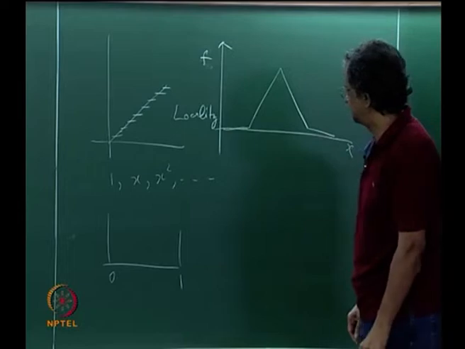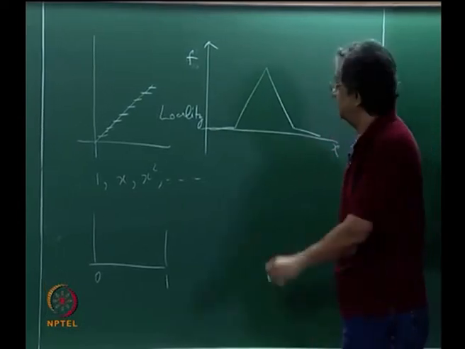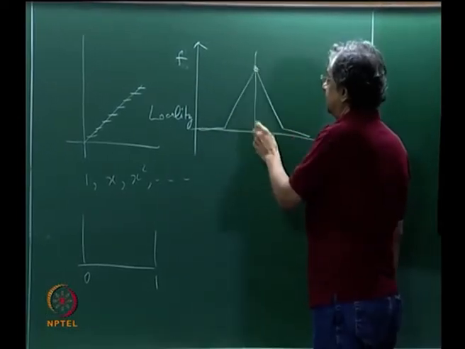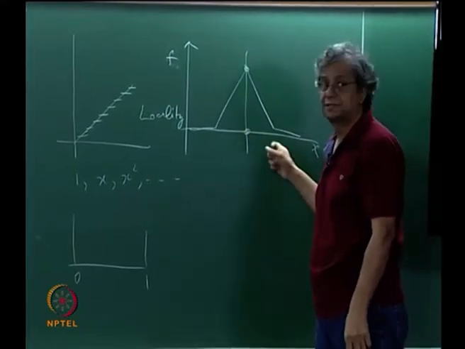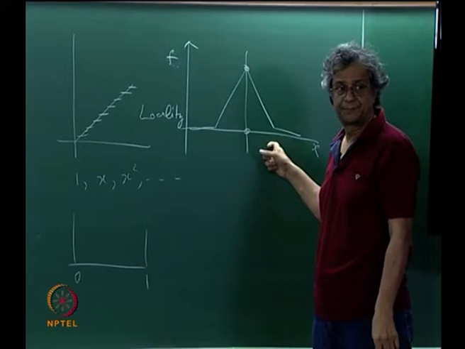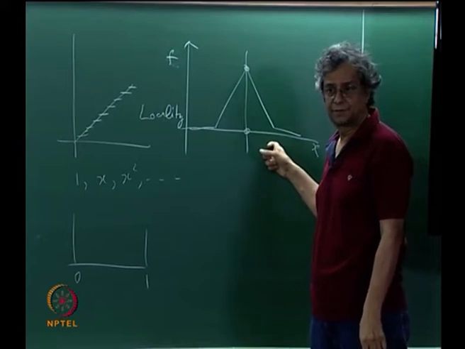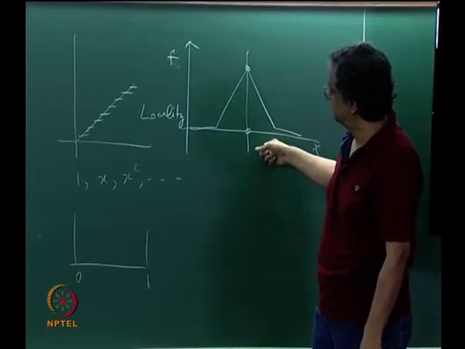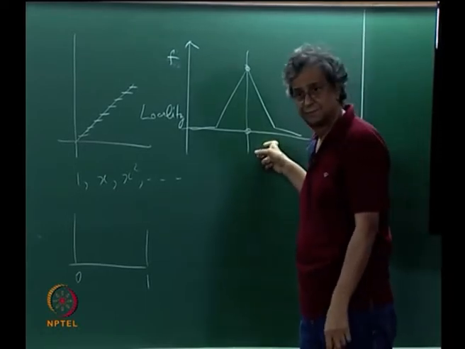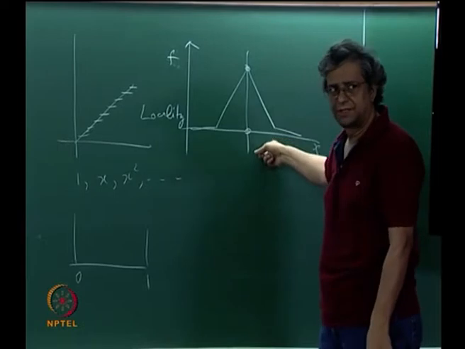The hat function was 1 at the node at which it is defined and 0 at the adjacent grid points. Is that fine, everyone? Okay. So we were then able to get linear interpolants.